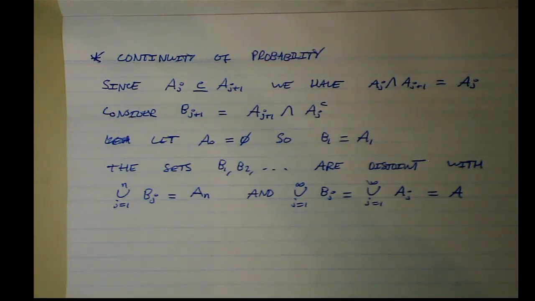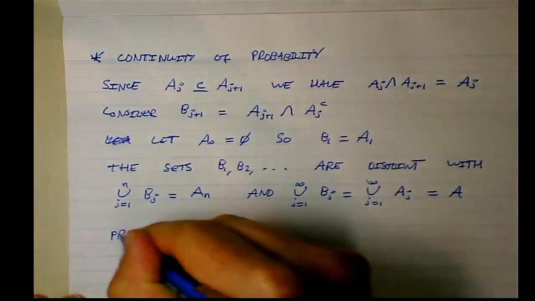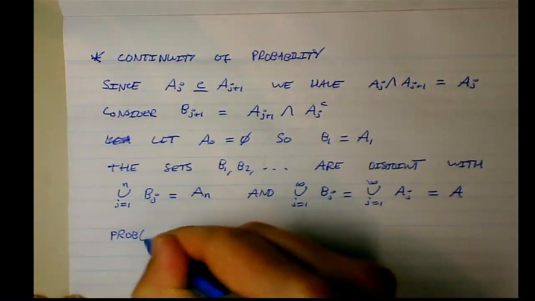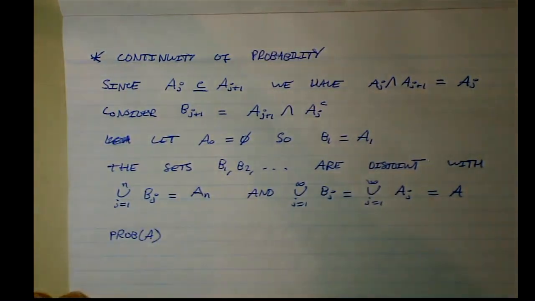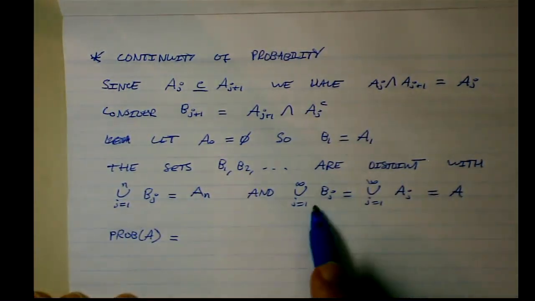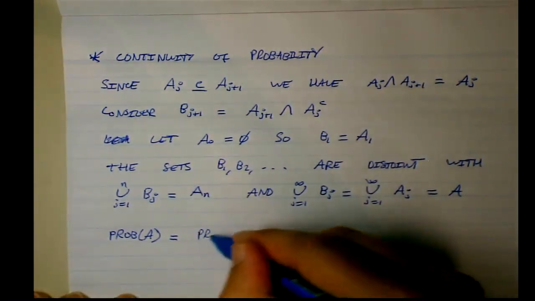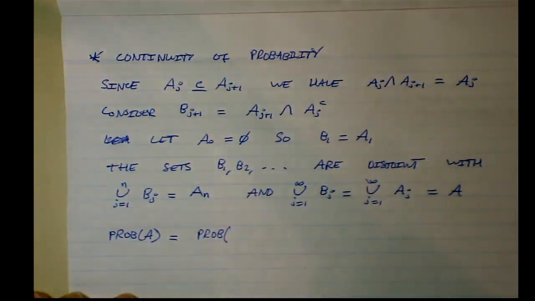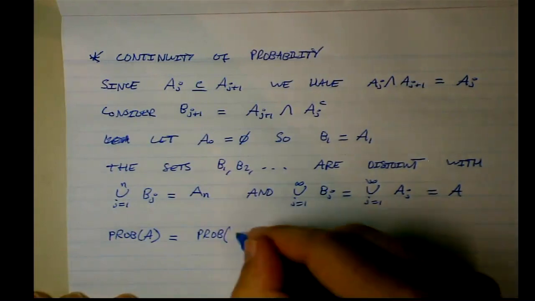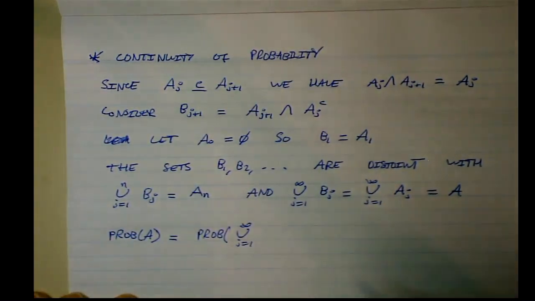All right, so now we're ready to go. So let us take the probability of A. Using this here, this is the probability of the infinite union of Bj.